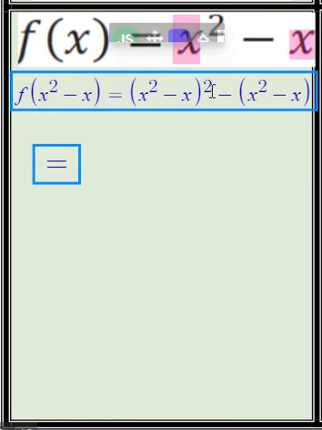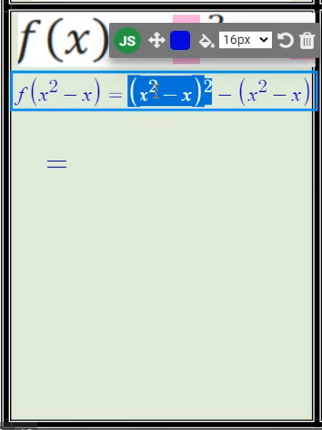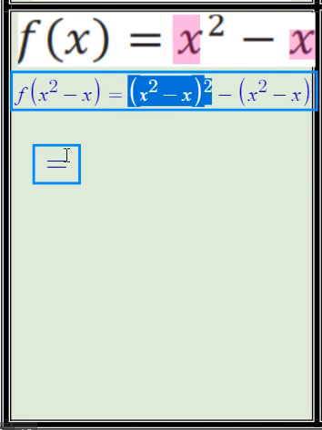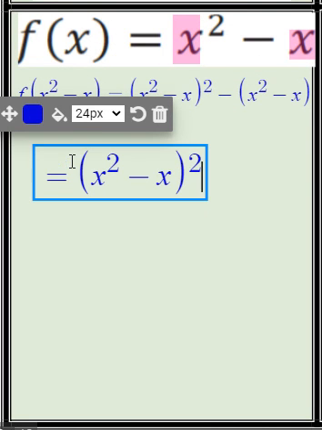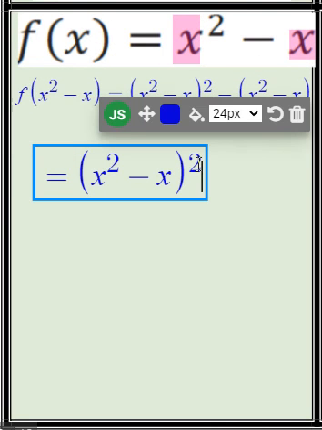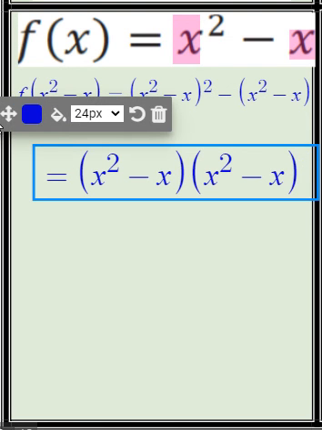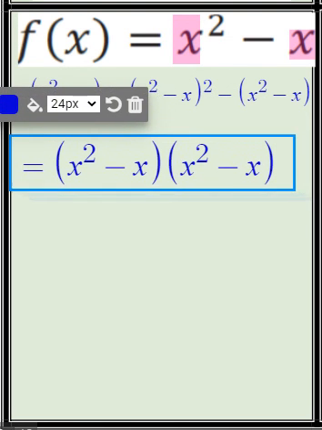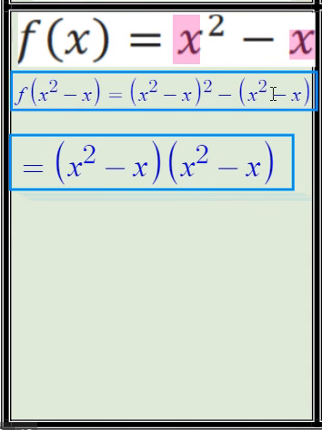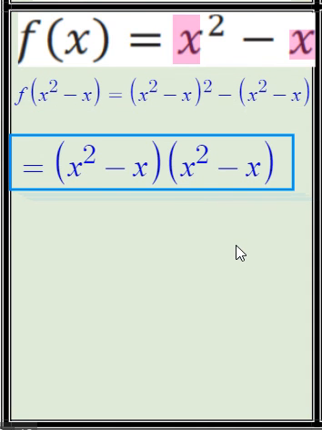So I'm going to write this x squared minus x, but that too really means to write it twice. Now, still dangling over there is the minus x squared minus x.